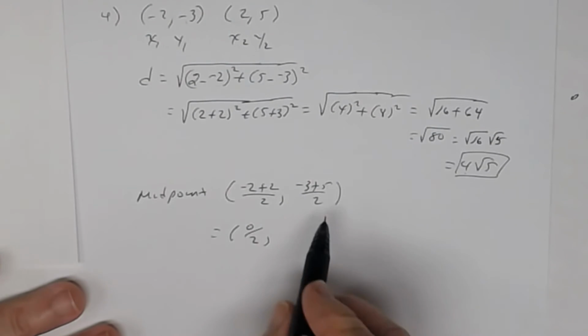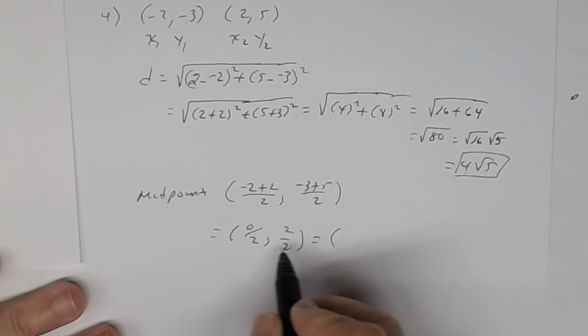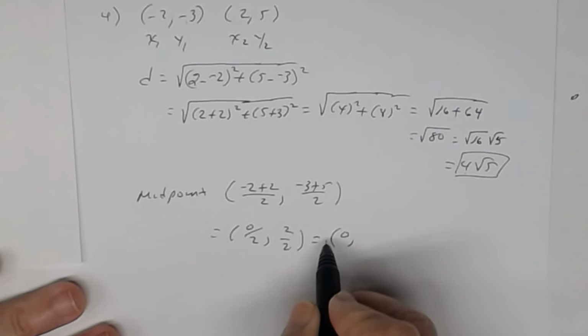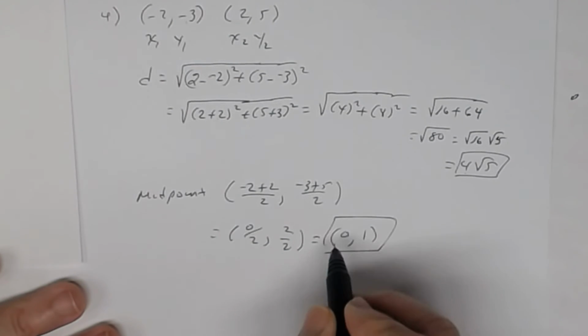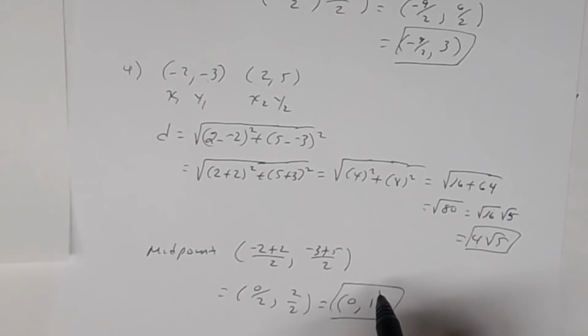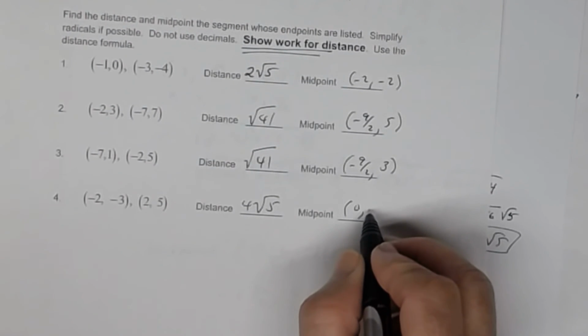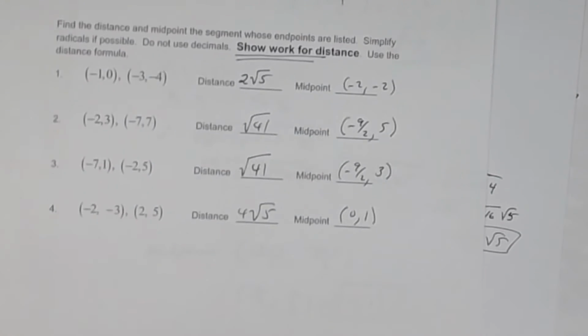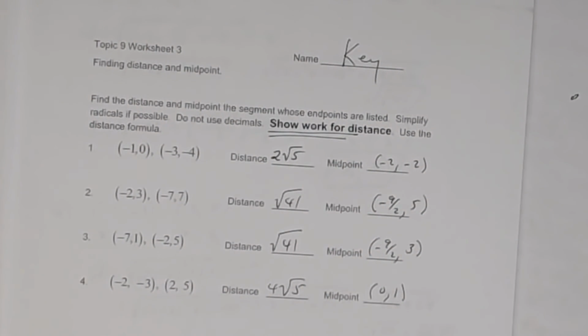Negative 3 plus 5 is 2, so you get 2 divided by 2. You have to know that 0 divided by 2 is 0, and you also have to know that 2 divided by 2 is 1. So that's the answer you need to give. So in number 4, the midpoint has the coordinates 0, 1. Okay? So that is the key to the worksheet on finding distance and midpoint.